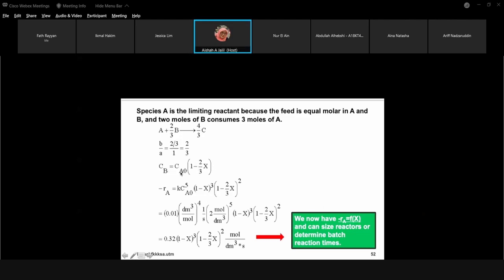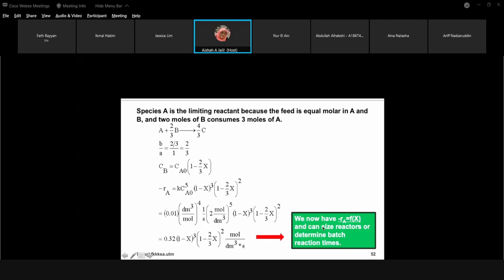You don't put the value of CA naught earlier. Just calculate all the way until you get CA naught and x, and then lastly, you replace with CA naught and x.